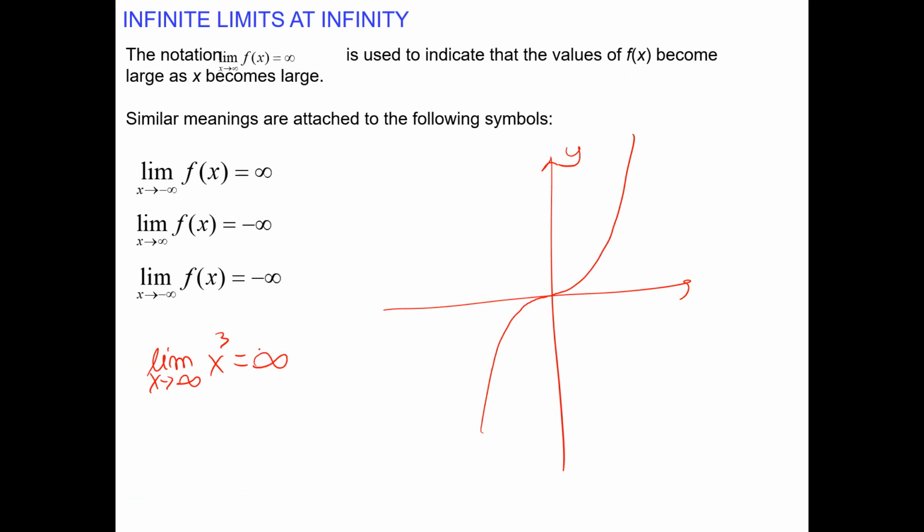We may also think arithmetically: huge numbers cubed are of course huge numbers. This goes to infinity. As x is getting large in the negative direction, when we cube negative numbers, we get negative numbers. So this goes down, and this one goes up. We will call these infinite limits at infinity, and of course, there is no horizontal asymptote.